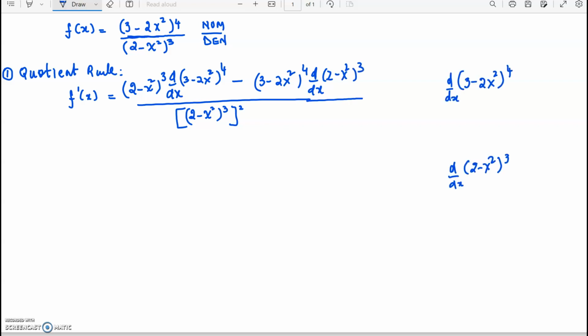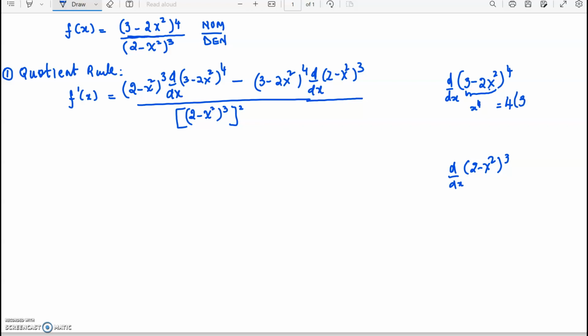So in the next step, we need to find the derivative of 3 minus 2x squared whole to the fourth. So this looks like x to the fourth. So we have to use the chain rule because the inner function is not an x, it is 3 minus 2x squared. So our first step is differentiate the outer function with respect to 3 minus 2x squared.